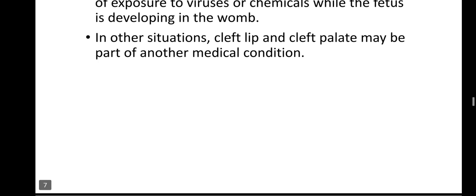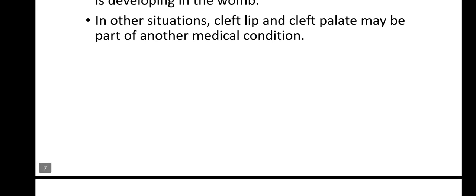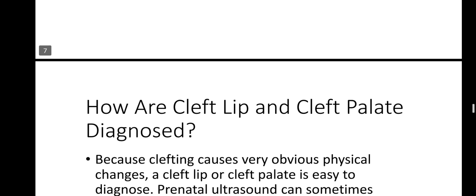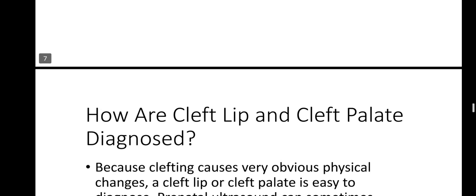In other situations, cleft lip or cleft palate may be part of another medication. It can cause changes in your behavior, movement. This is me talking about the effect of seizure, because we have known that drugs used in treating seizure in pregnant women can also cause cleft lip or cleft palate.